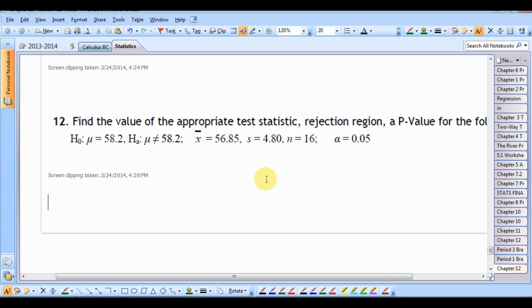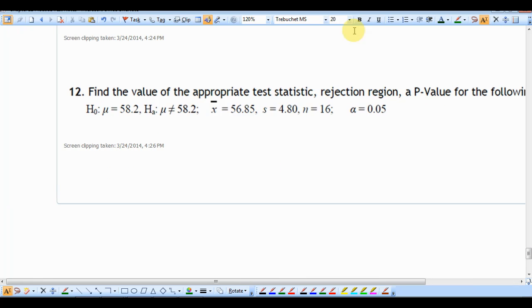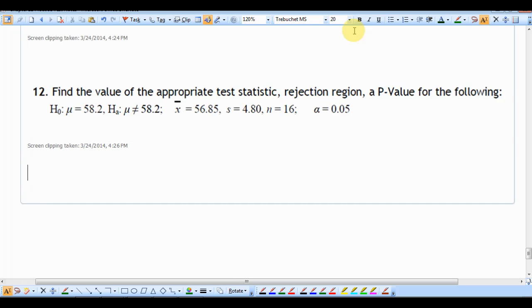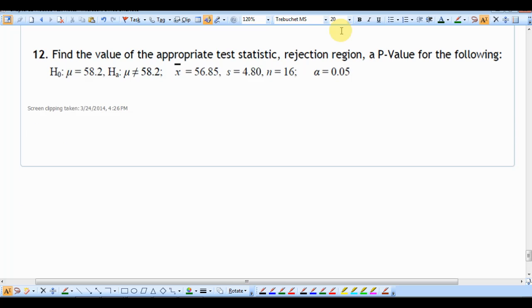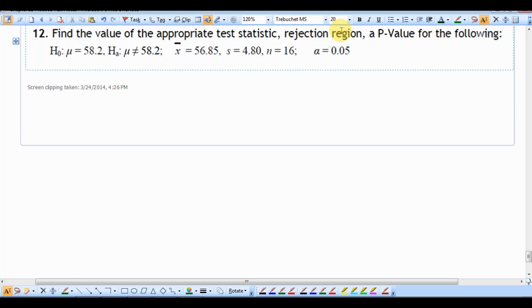Okay, so we have: find the value of the appropriate test statistic. Did we just do that? Two-tail, that we did. Oh, this is a two-tailed test. Let's look at the rejection region again.